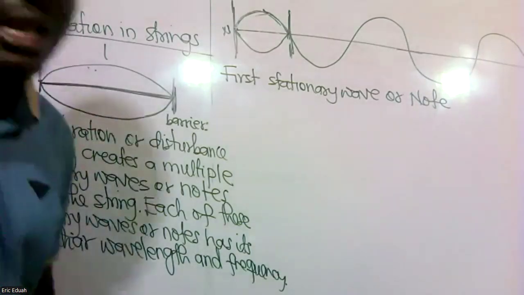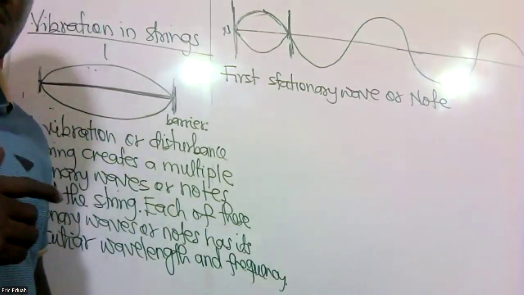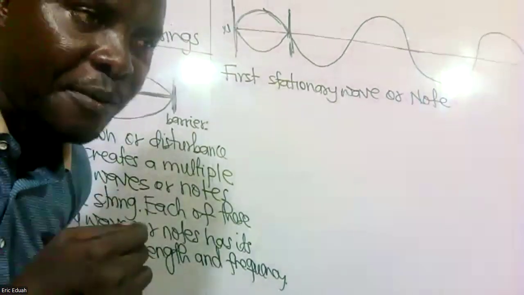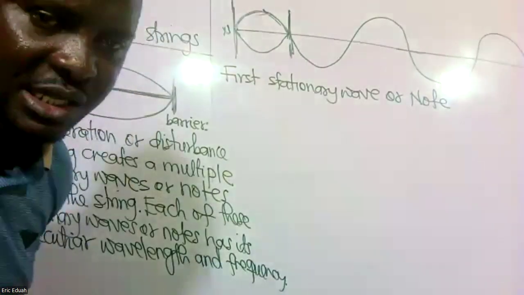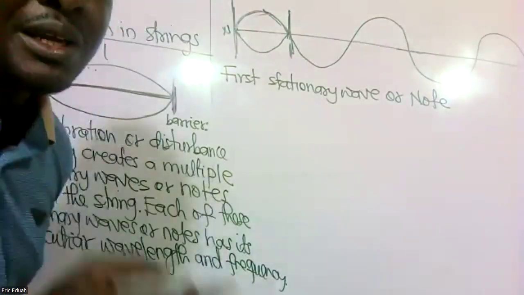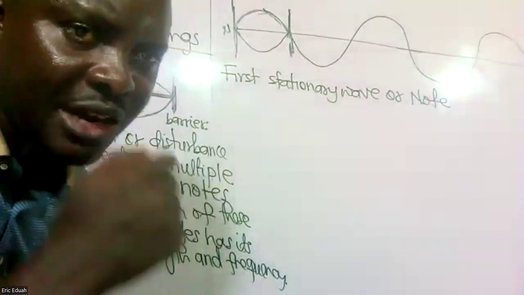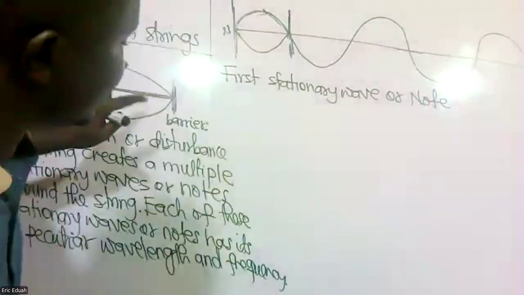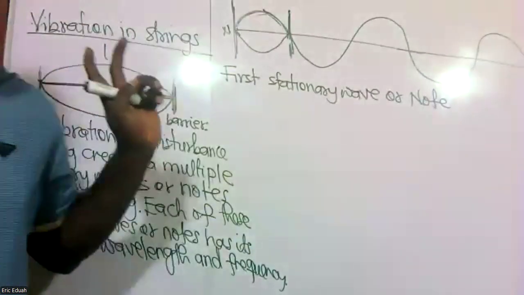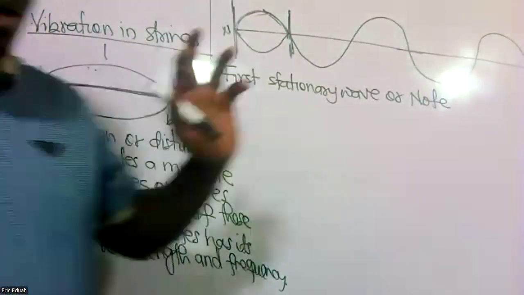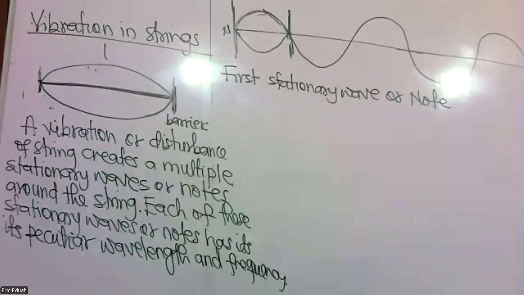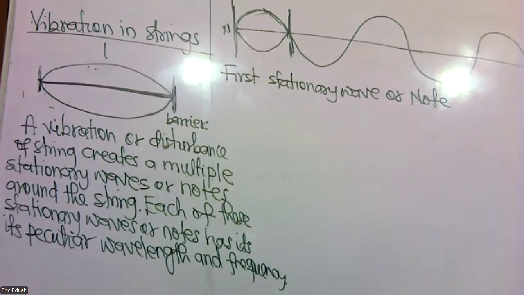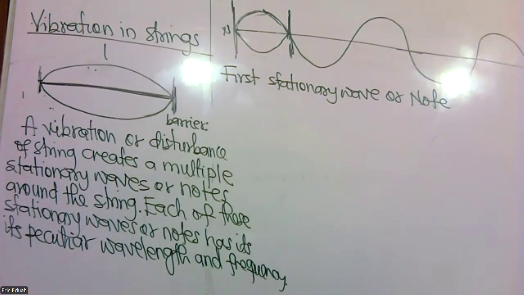So this is the first possible stationary wave that will be formed in vibration in strings. Earlier, I also said that stationary waves are formed with a particular wavelength and frequency. So we are going to look for that particular wavelength and frequency which forms this stationary wave. Not any wavelength or frequency of wave can form a stationary wave.